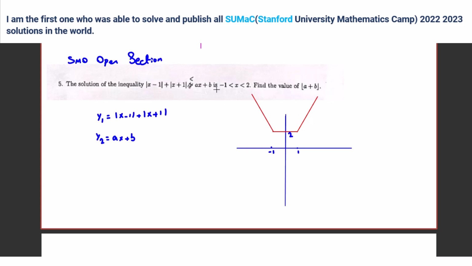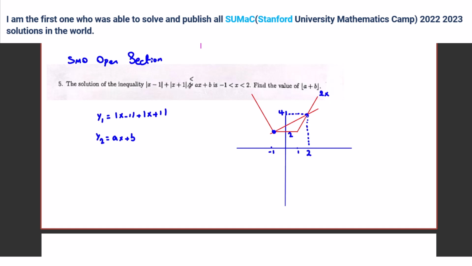Now, it says when we have this line, the solution is negative 1 to 2. So it should intersect at negative 1 and at 2, right? Because this one is 2x, when x is 2, y is 4.